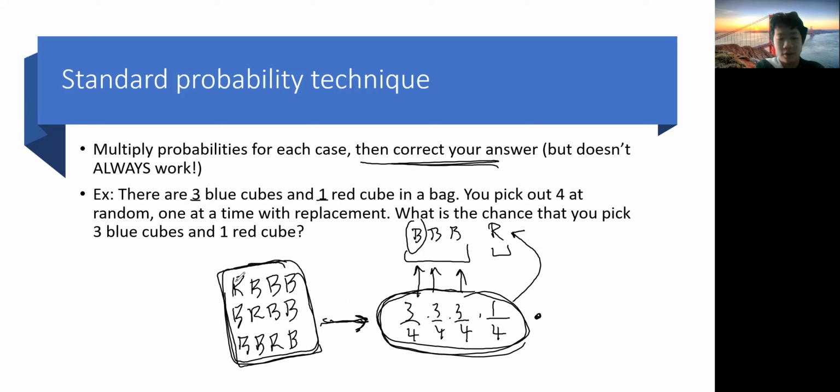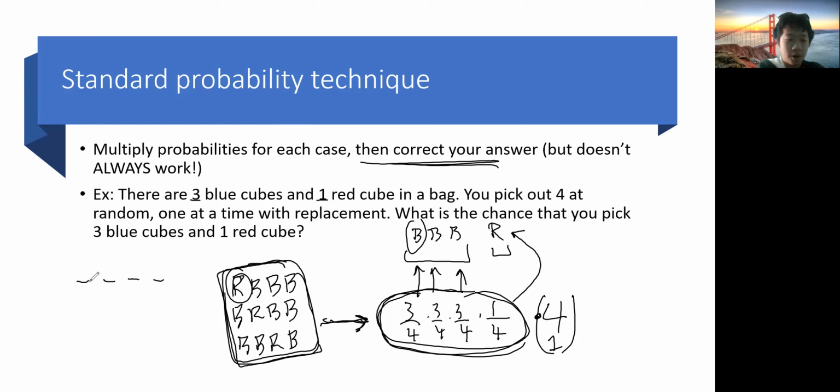So how many orders are there? Any ideas? What will we do here? I could always write all of them out. Or, more efficiently, I could recognize that I have 4 spaces, and if I choose where the red one goes, all the rest of the spaces are going to be blue for sure. I have 4 choices for where the red one goes. So I have 4 ways to arrange 3 blues and 1 red, because that's 4 choose 1.